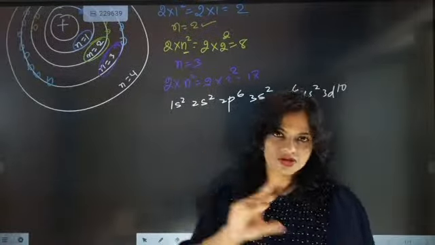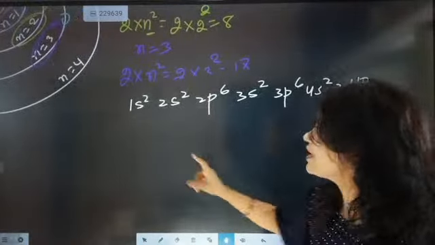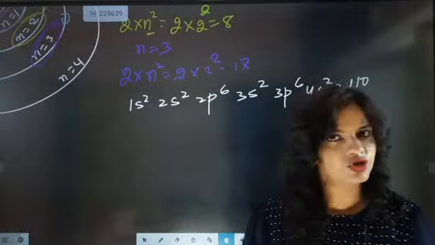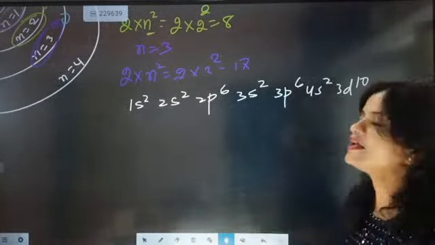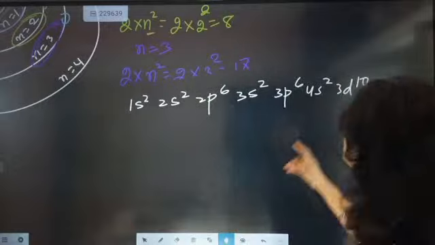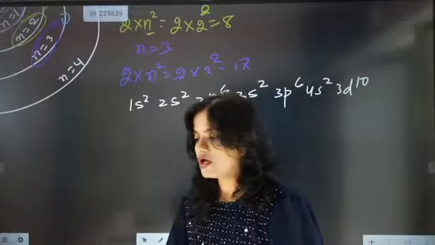See here, just see this very nicely. Here 1 represents the first orbit, 2 represents the second orbit, 3 represents the third orbit, and 4 represents the fourth orbit. Are you understanding?